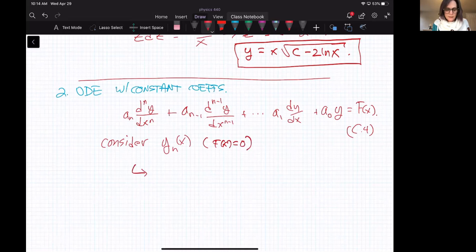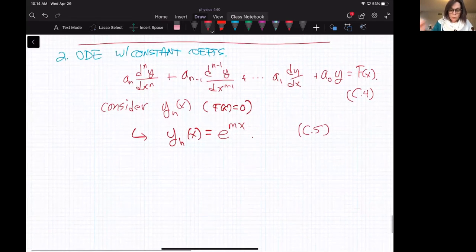Then we can posit that y sub h of x is equal to e to the mx, where m is actually going to be the roots of an indicial equation.